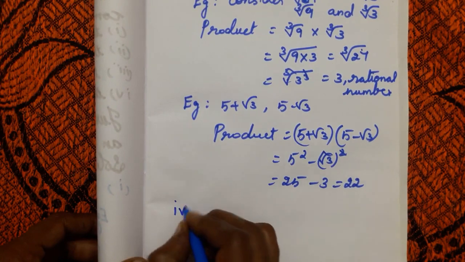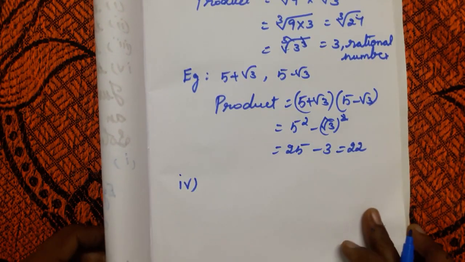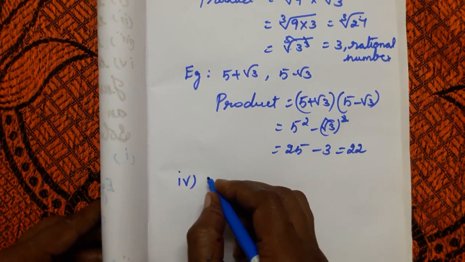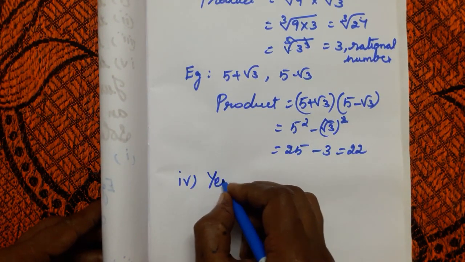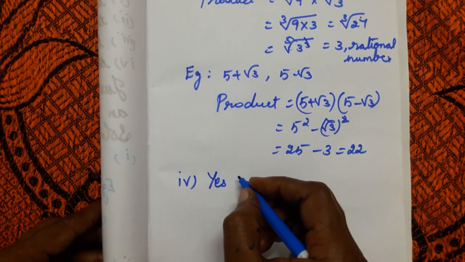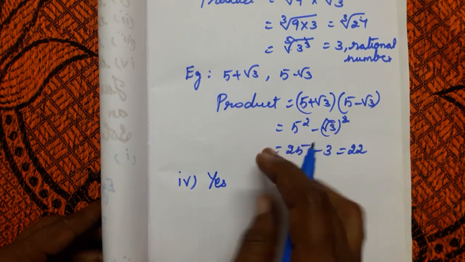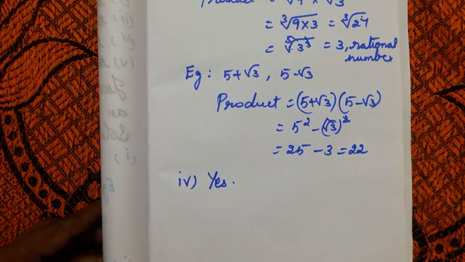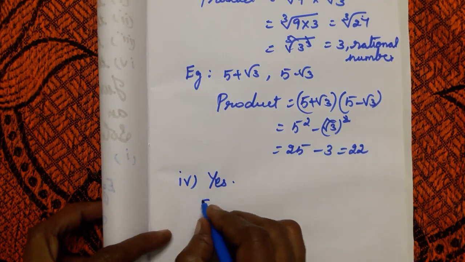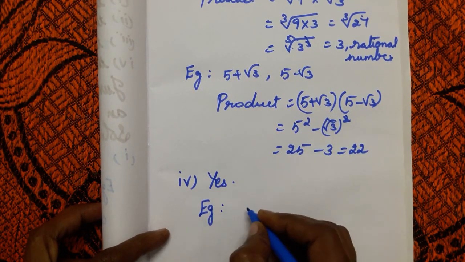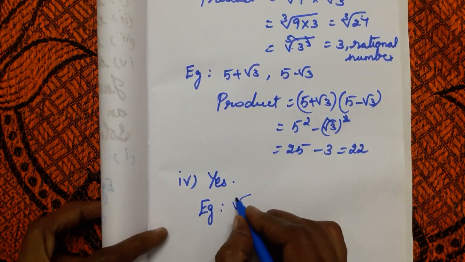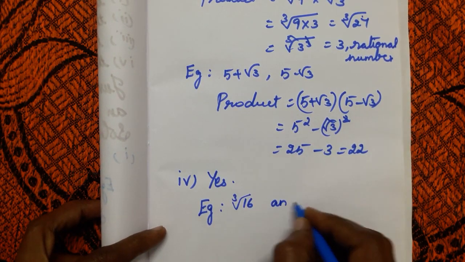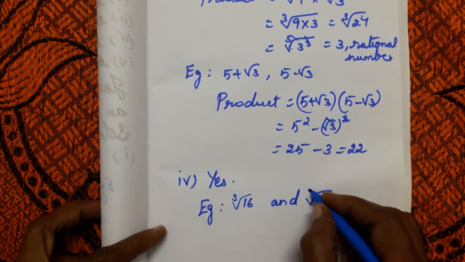Then the fourth one. Can the quotient be a rational number? Yes. Example: cube root of 16 and cube root of 2.